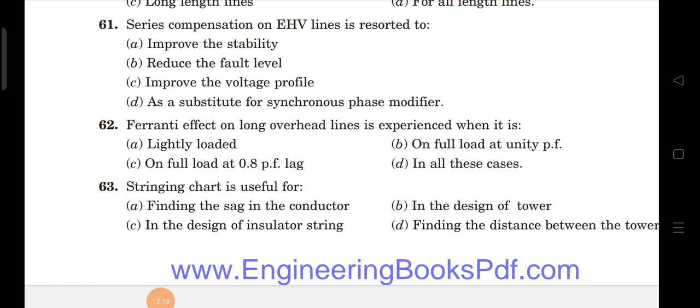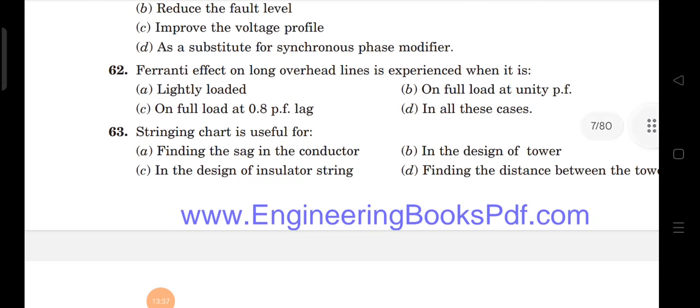That means for the 61st question, option A is correct. Next, Ferranti effect on overhead lines is predominantly expressed under normal light load condition only. That is, the 62nd answer is also A. That is also a direct question.